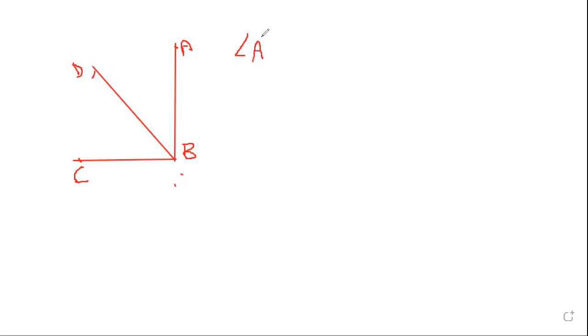So we have angle ABD, and what is the second one? CBD, very good. It's better to start from the last point which we stopped on, like ABD and DBC.